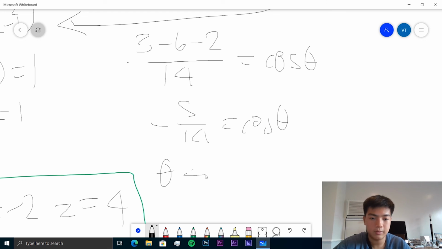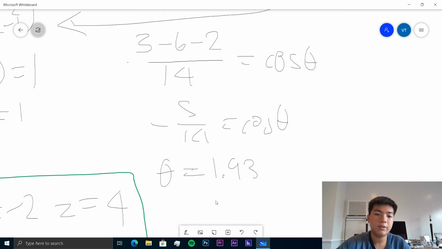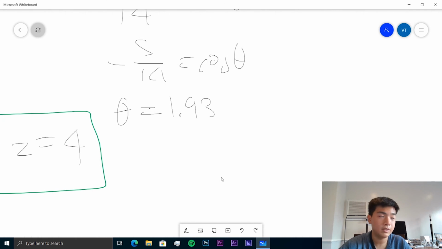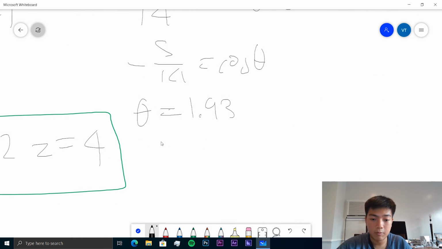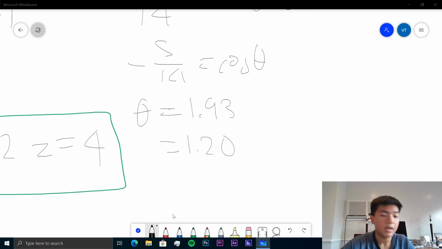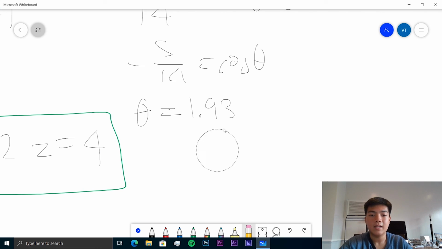Theta is equal to inverse cosine of negative 5 over 14, which is equal to 1.93 radians, but we have to be careful because that's an obtuse angle. So we have to subtract that from pi, so the real angle is 1.20 radians.